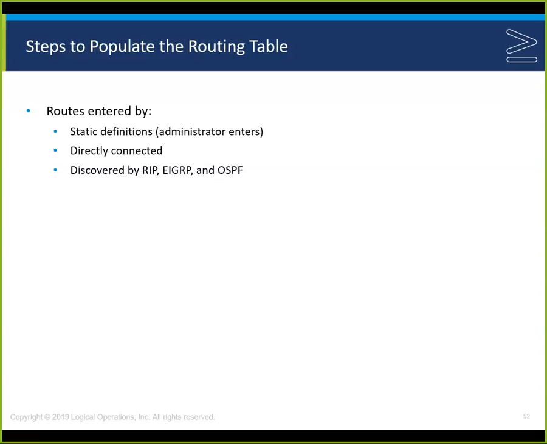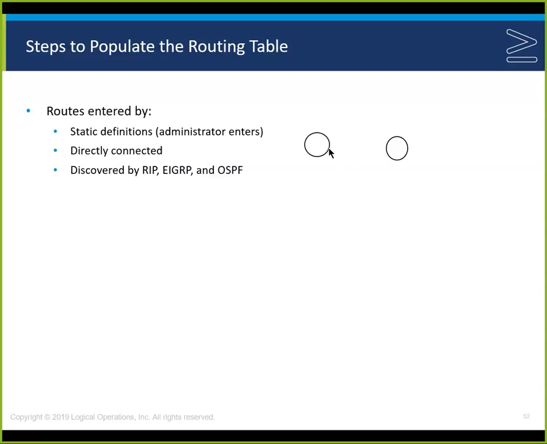How does it get discovered by those protocols? By the routers forming adjacencies, and then the adjacent routers sharing information using the routing protocol that we would have for each of them.